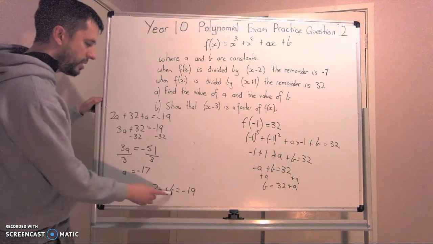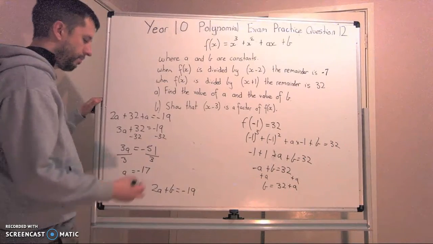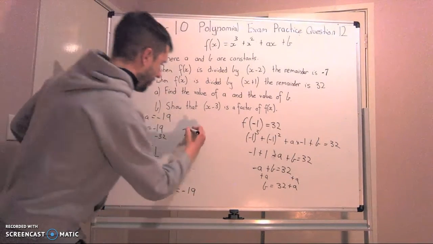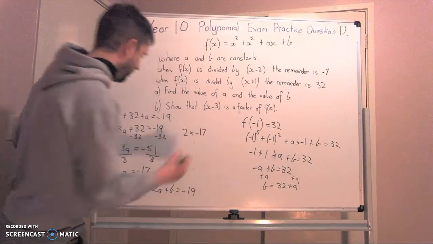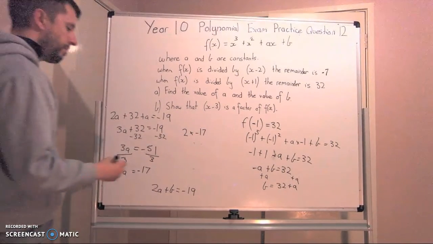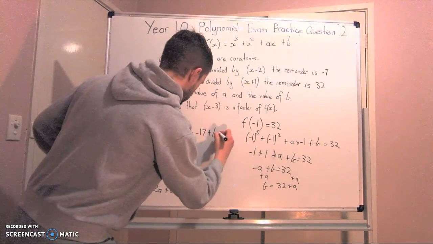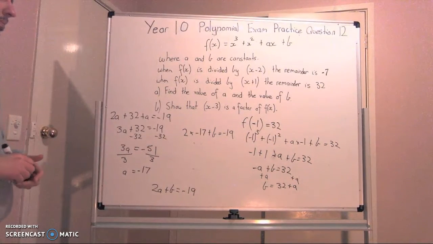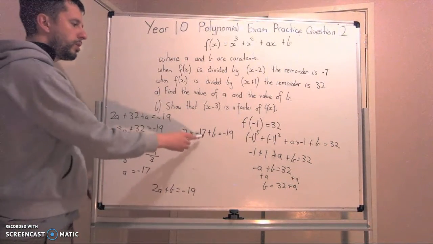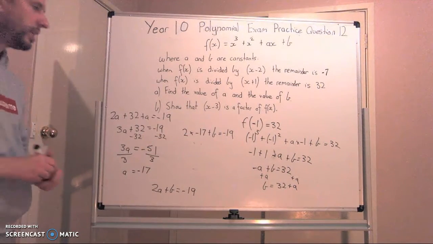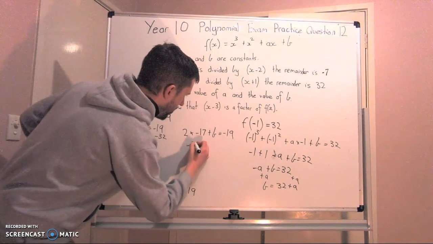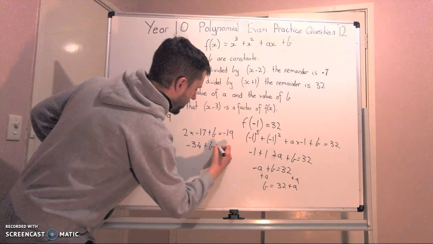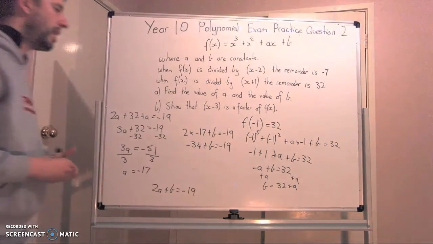Now I know a is negative 17, I can then work out what b is, because I just substitute it into this equation. So I've got 2a, which is negative 17, plus b is equal to negative 19. So 2 times negative 17 is negative 34. Plus b is equal to negative 19.